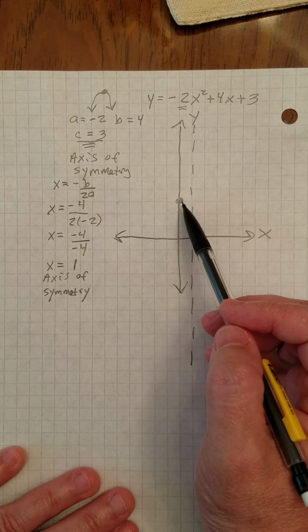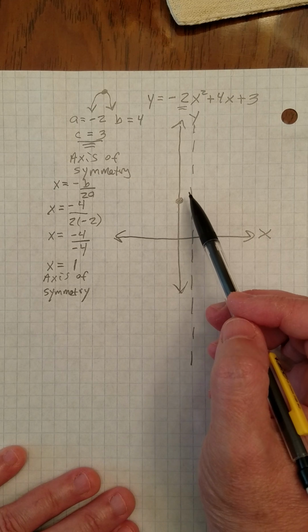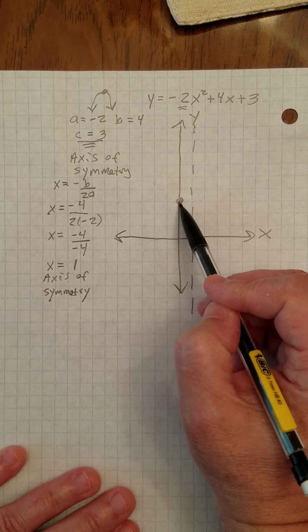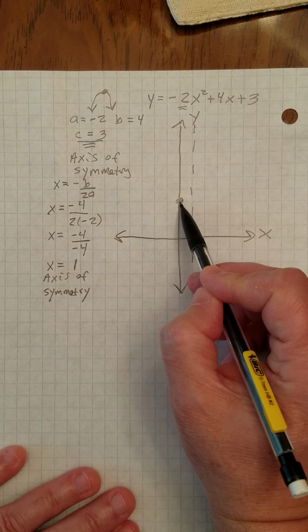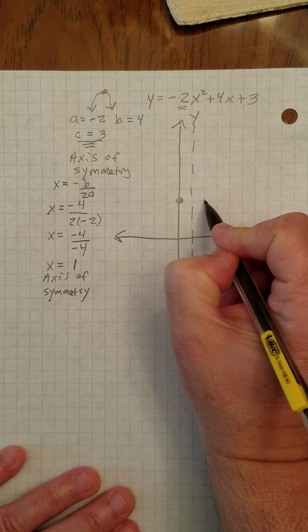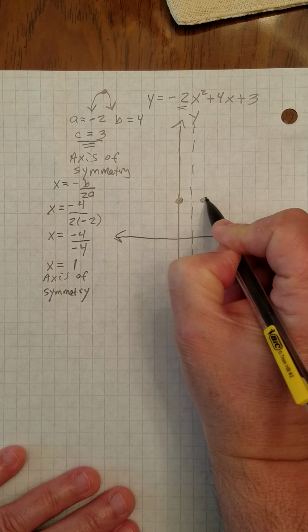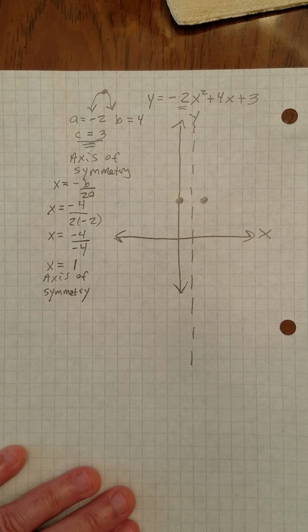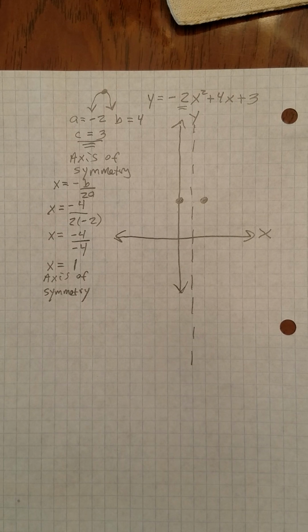We're going to reflect that point over the line of symmetry. So since the y-intercept is 1 unit to the left of the axis of symmetry, the reflection point will be 1 unit to the right. There we are. So we have 2 points out of 5.